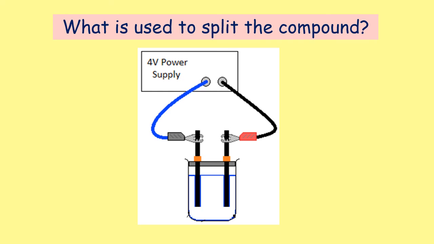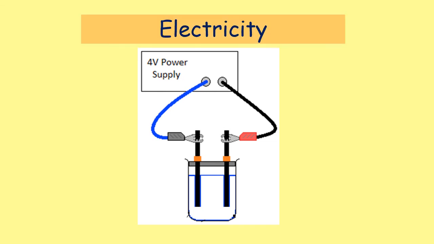Now, in this experiment, what are we using to split the compound apart back into elements? So we are using electricity. That's why it's called electrolysis, because it uses electricity. And the electricity is coming from the power supply.